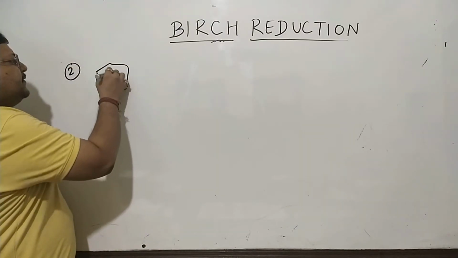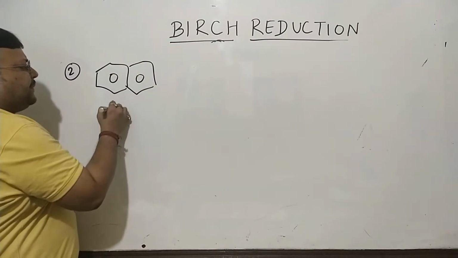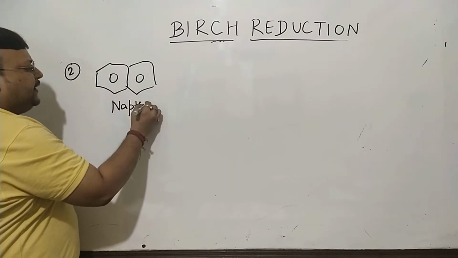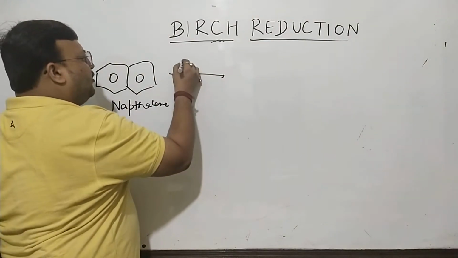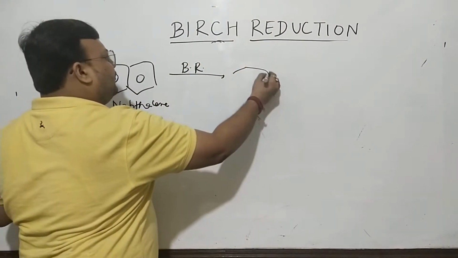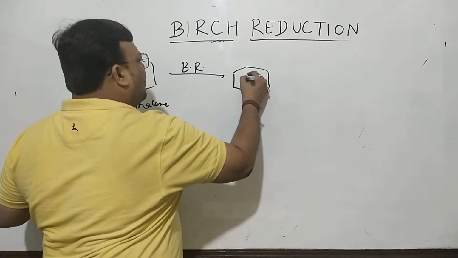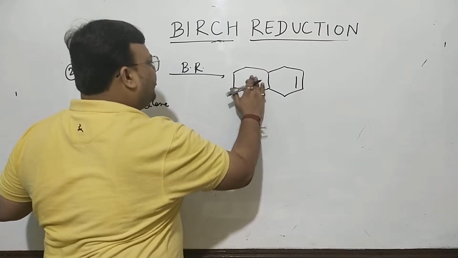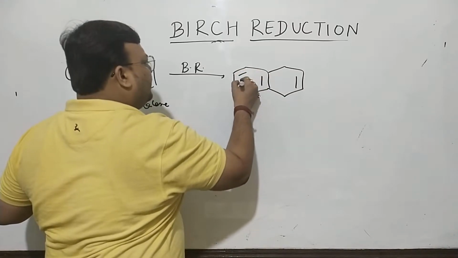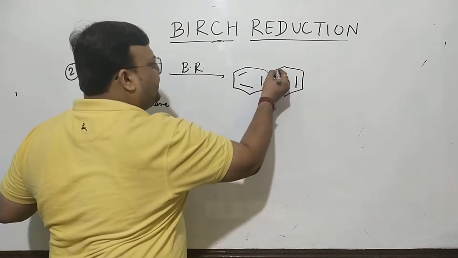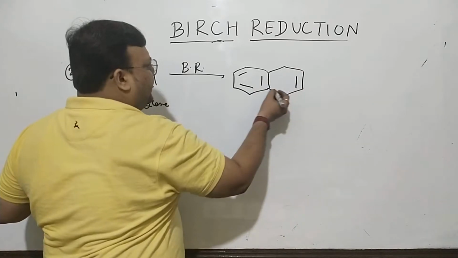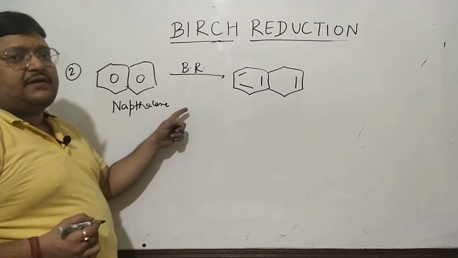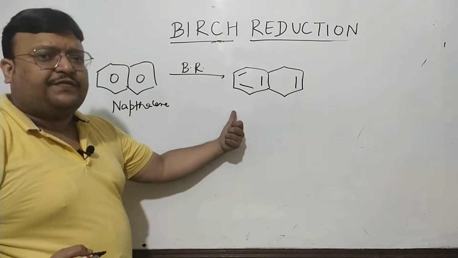So if it is naphthalene, the product of Birch reduction would be, so this is the aromatic ring and this would be non-conjugated. So if I draw it in this way, this ring will look non-conjugated, double, single, single, double, double, single, single, double. So this will be the product of naphthalene Birch reduction, where one ring will get reduced.